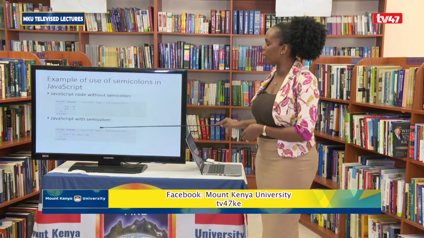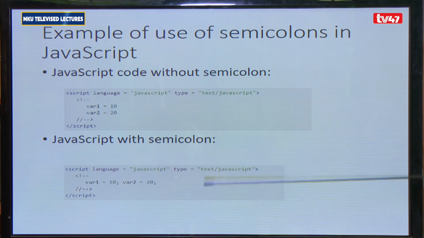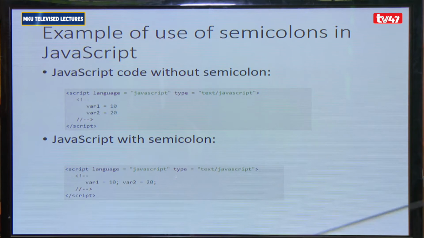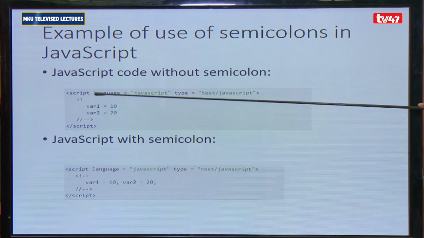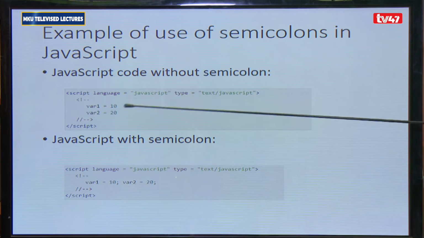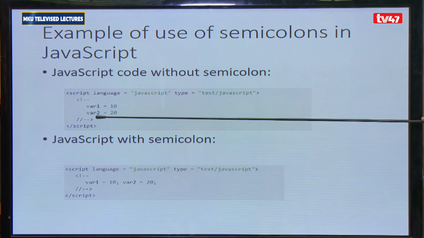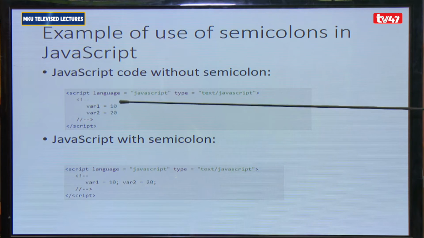there's a sample code here of using semicolons and not using semicolons in JavaScript code. In the first case, we are seeing JavaScript code without a semicolon, where we have our scripting tags there, the script with the language attribute and the type attribute, as we have already seen. Then we have 2 variables being declared here, var1 and var2, and each of the variables is given a value there.